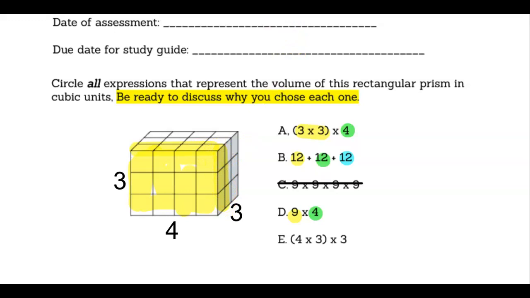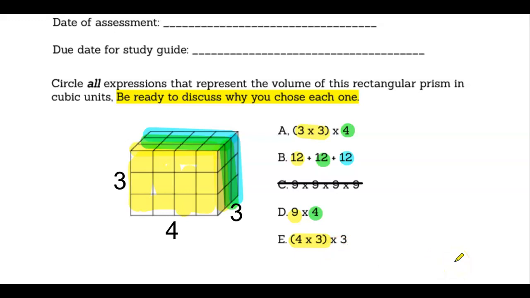There's 1, there's 2, and there's 3. Okay? So you got your 4 times 3, then you have 3 layers of that, which ends up equaling, again, 4 times 3 is 12, times 3 is 36.